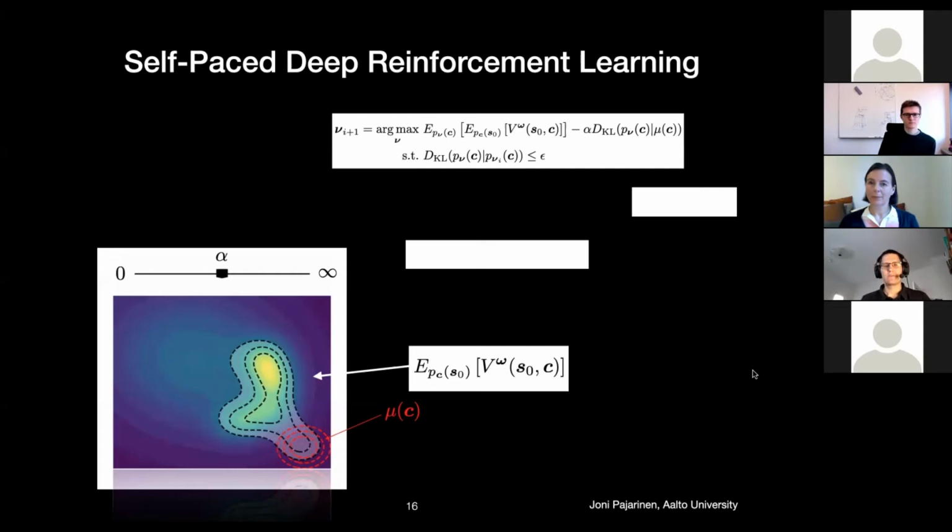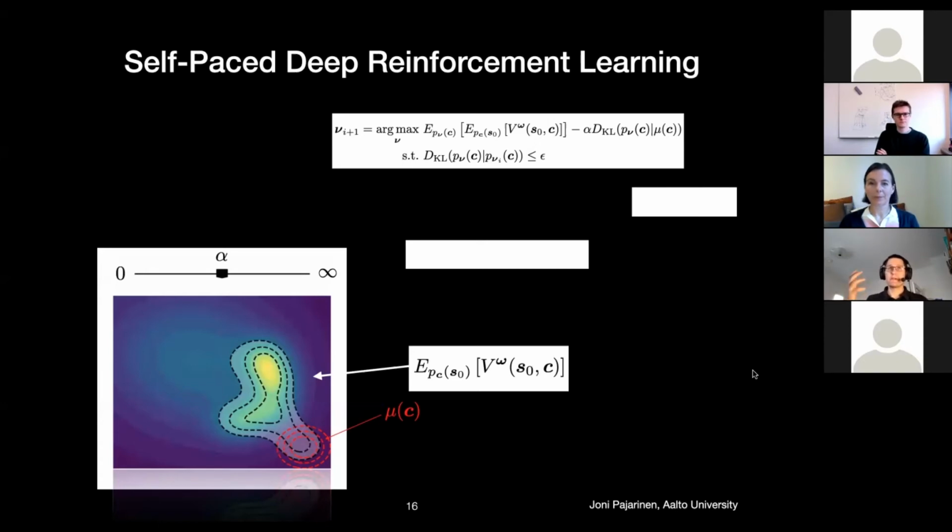And this argmax here just chooses the parameters of the context distribution in a way that maximizes this whole objective. Then we also have this KL divergence constraint between the previous context distribution and the current one. This is a trick that is often used in reinforcement learning.